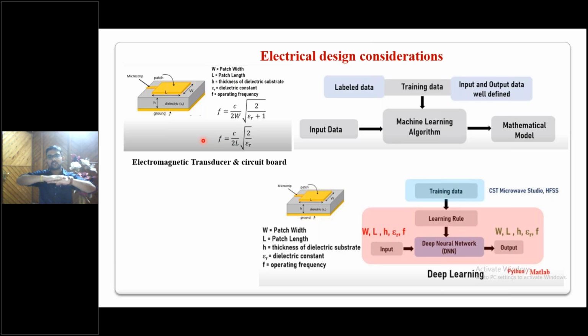The function of the ground plane is similar to the reference voltage that we take in electrical circuits. Like in electrical circuits, we consider the earth surface to be zero potential and we take it as a reference. Similarly, in an electromagnetic transducer also, we'll take this ground plane as a reference voltage. Its function is only to reflect the radio waves and to complete the electrical circuit.